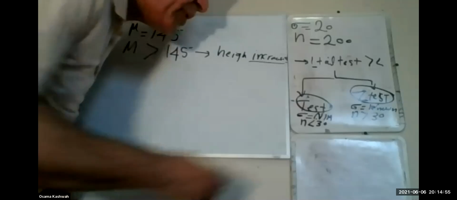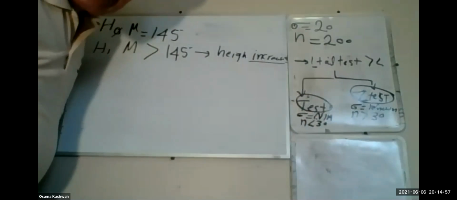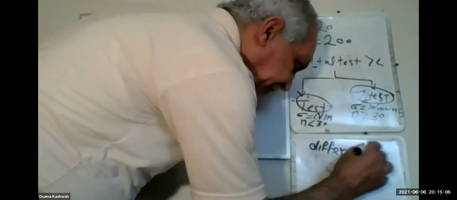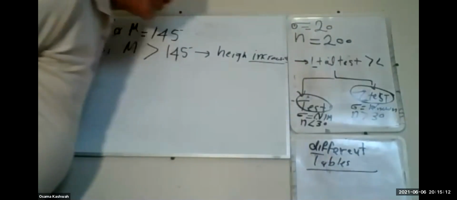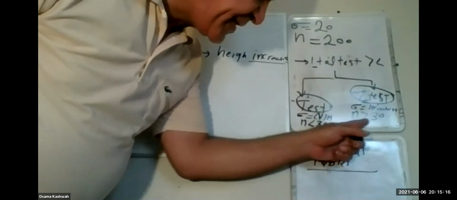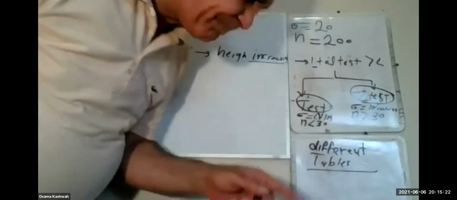What is the difference between the z-test and the t-test? Actually, both of them use different tables. When sigma is known and n is greater than 30, I will go to the Z table.